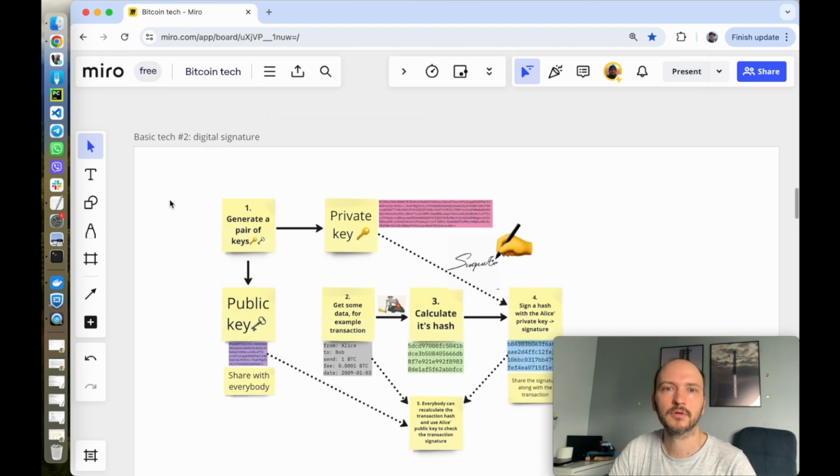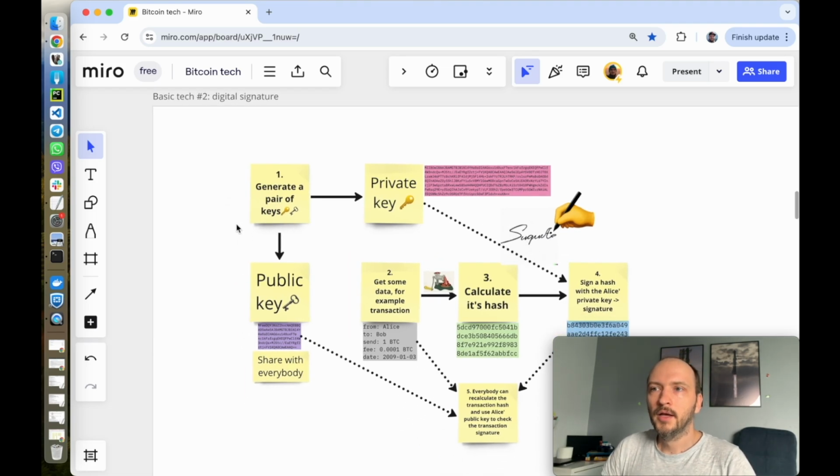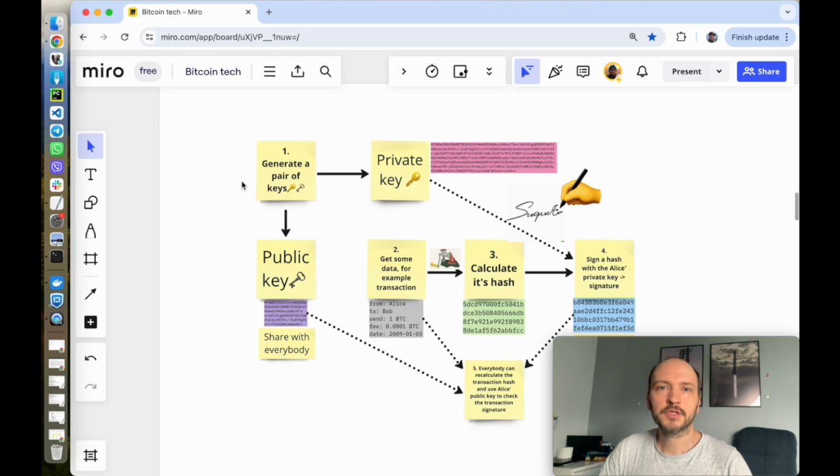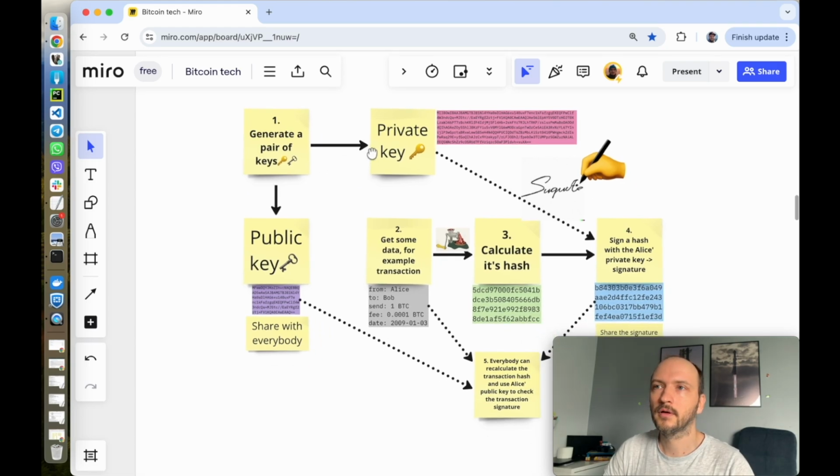Let's move forward and look at the second one, which is the digital signature. A digital signature, like a hash, is based on some mathematical principle, and on a high level it works like this. You generate a pair of keys, which is a pair of very big numbers: a private key and a public key.